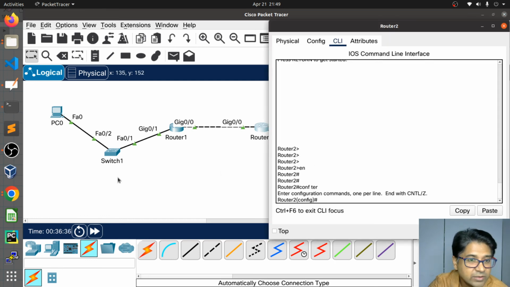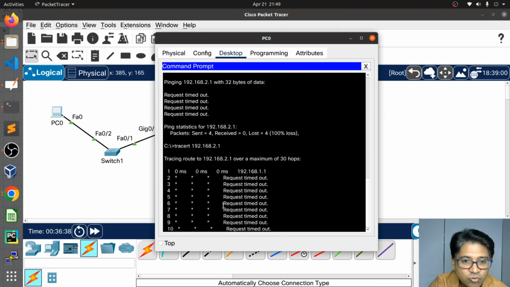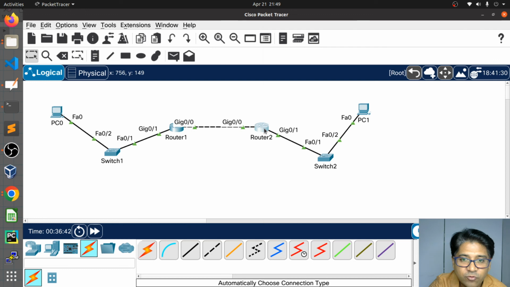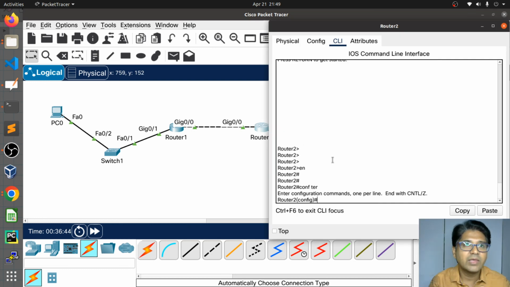Let's do that. See, still he is doing request timeout. As soon as I configure static routing here, he will get the packet through. Let's do that. IP route 192.168.